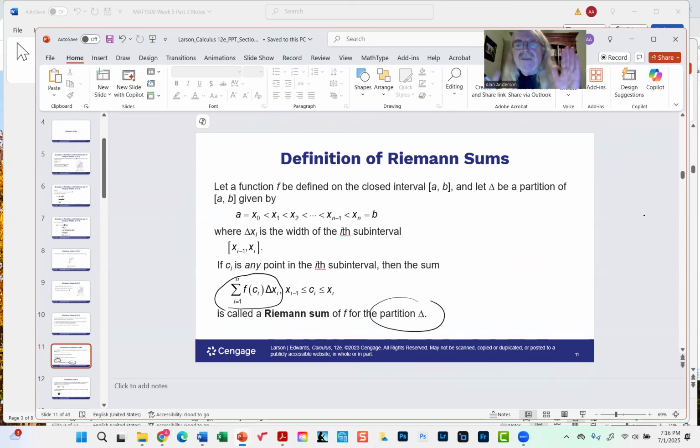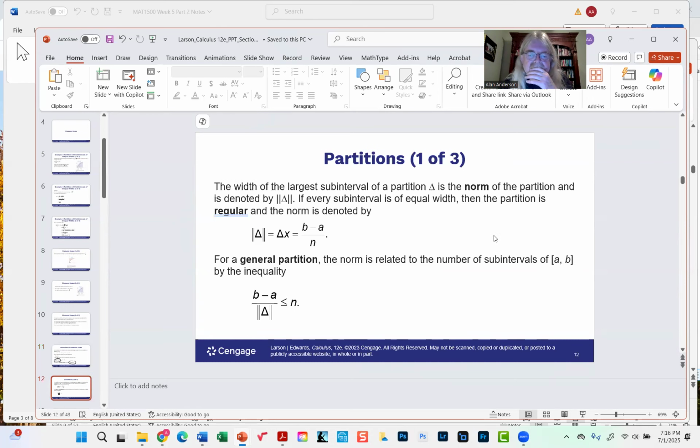Because we could take the same interval and break it up in many different ways. All right. But no matter how we do that, the integral itself will always give us the same results. Now here they're introducing a new concept. This is the idea of the norm, it's called.